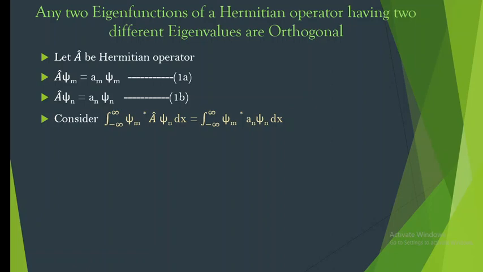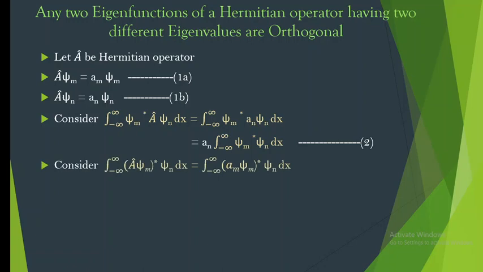So this term we have considered, and then using equation number 1b, we know that A cap into ξn is nothing but an into ξn, that I have substituted. So an is a constant that can be taken outside the integral. Then we get equation number 2, which is an into the integration from minus infinity to plus infinity of ξm star ξn dx.